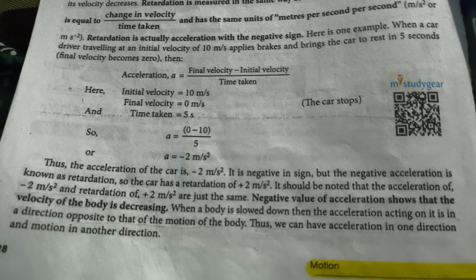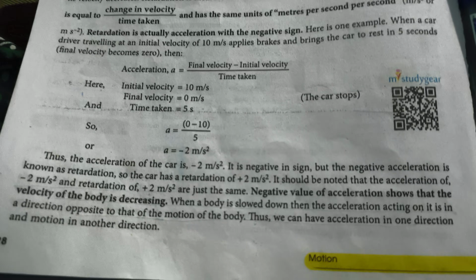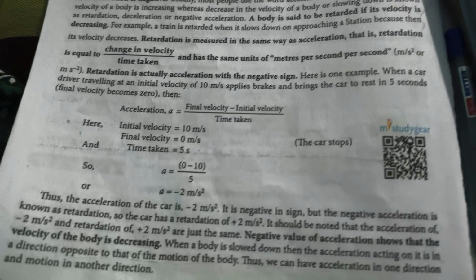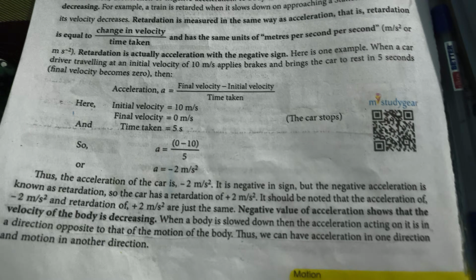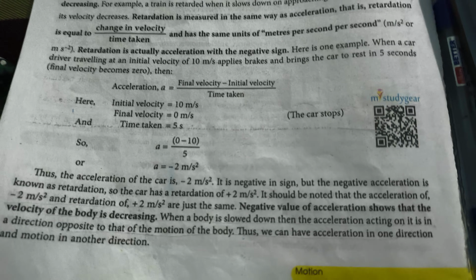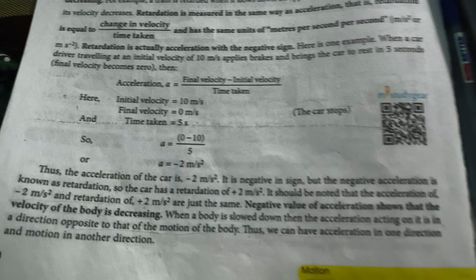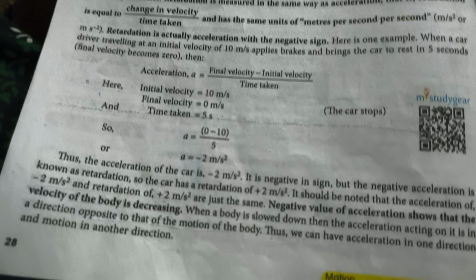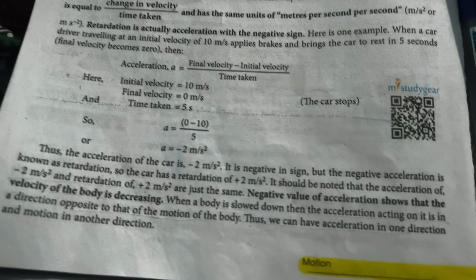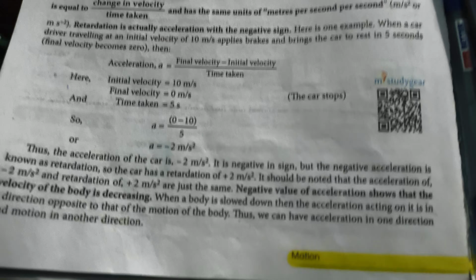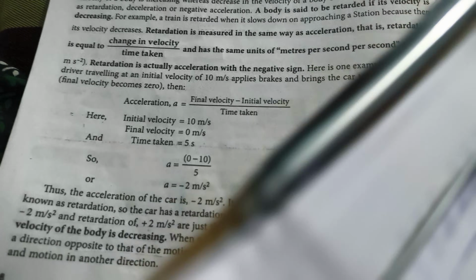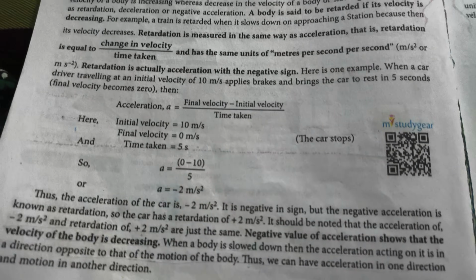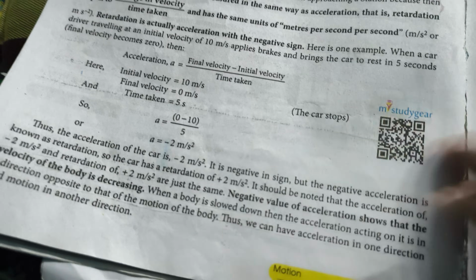When a moving body comes to rest because a force of friction exists, the velocity of the moving body decreases. Or even when we apply the brakes, the speed or velocity of the moving body decreases. So the decrease in velocity we can call negative acceleration.